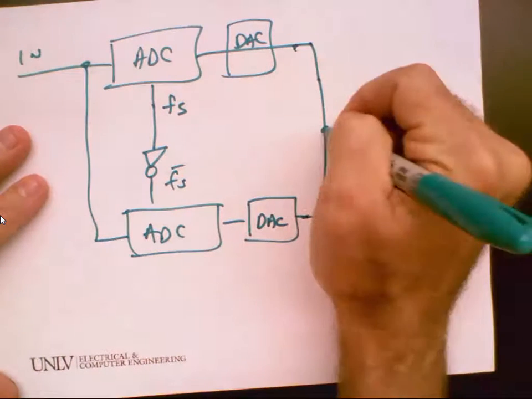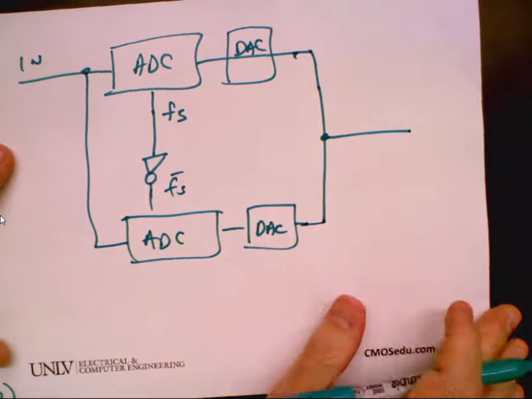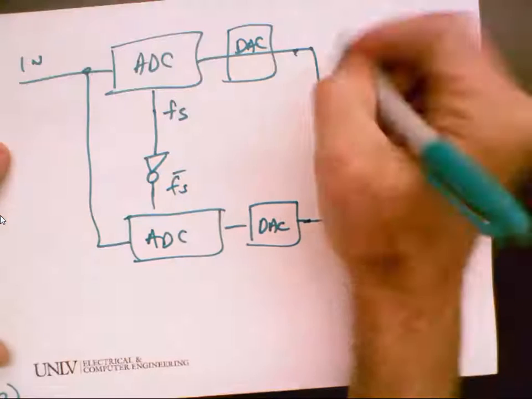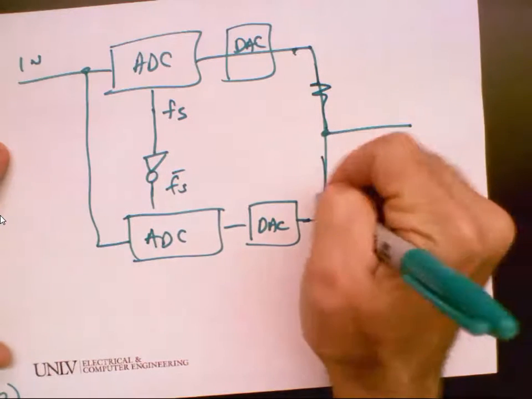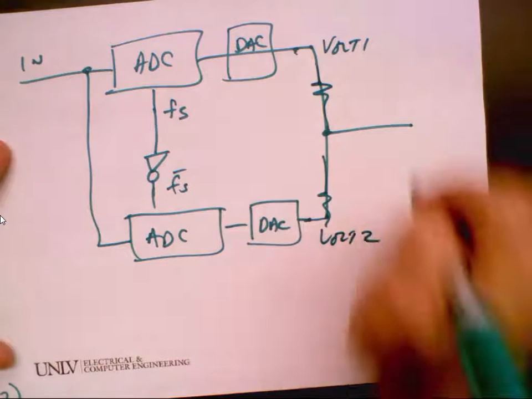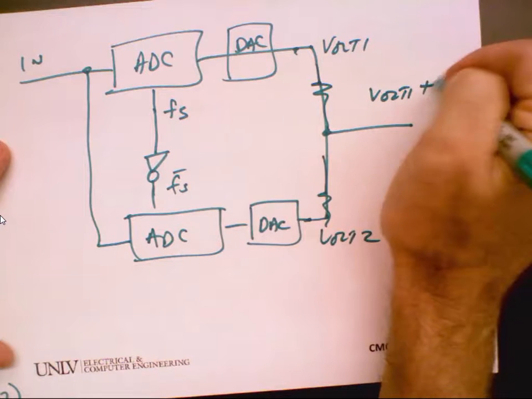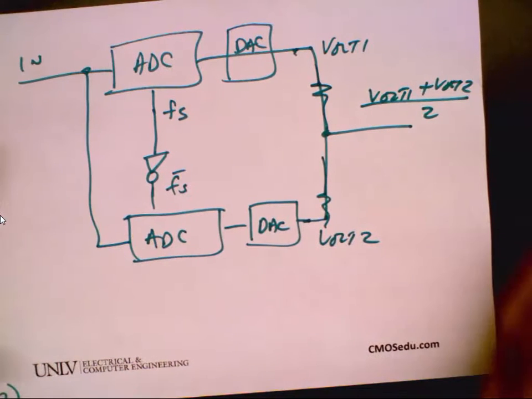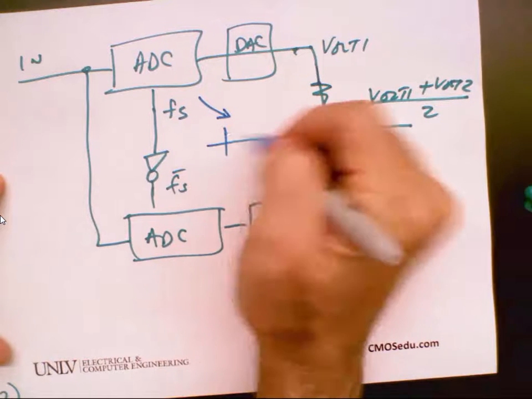All right, wait a sec, I've got a question. Before I even look at the spectrum here, let's average this. We'll call this V out 1 and this V out 2, and this is V out 1 plus V out 2 all over 2. Wait a sec. This doesn't make sense. This one has a spectrum which looks like this.